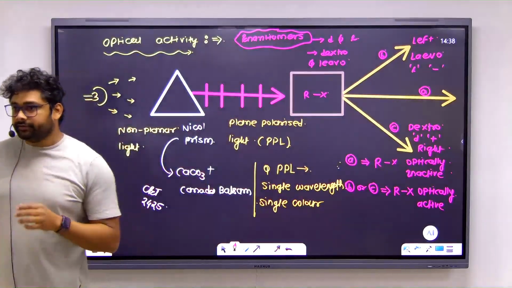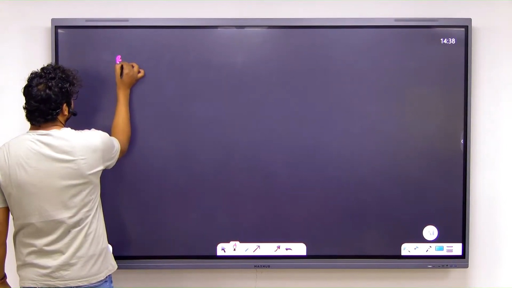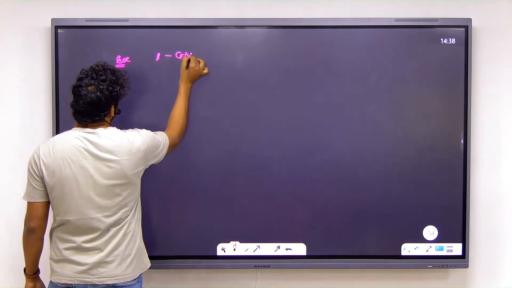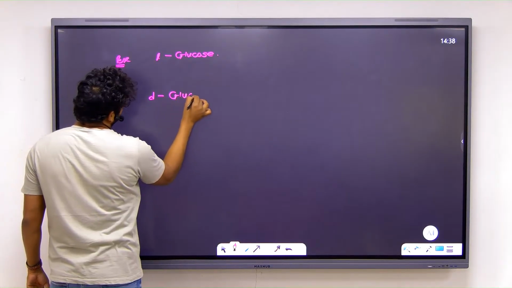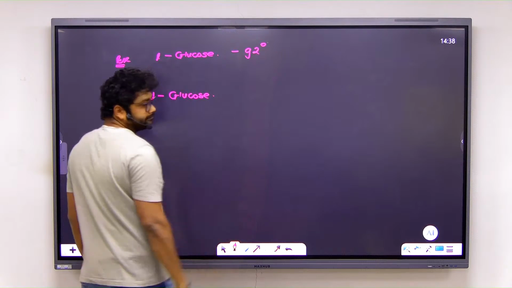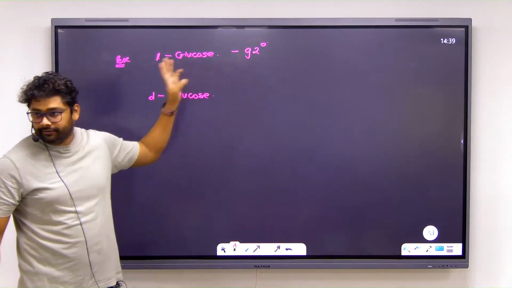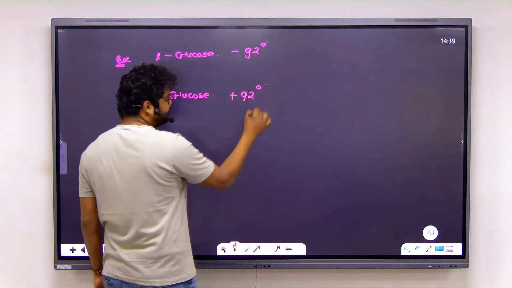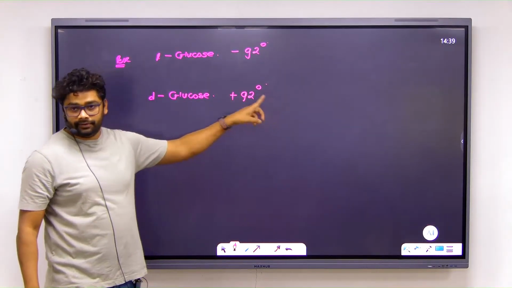दोघं एकमेकांचे कोण? इनॅन्शिओमर. So you can observe here, you can take one more example, that is L glucose I have, and this is D glucose I have. L glucose rotates the light to the left direction to what degree? 92 degree. And D glucose rotates the plane polarized light to what? Right direction, plus 92 degree.